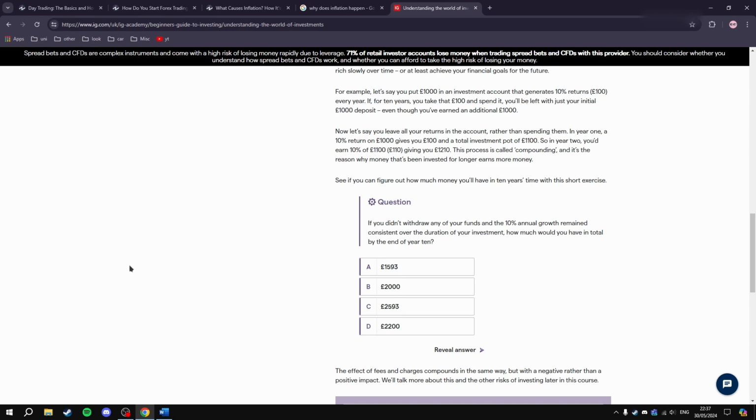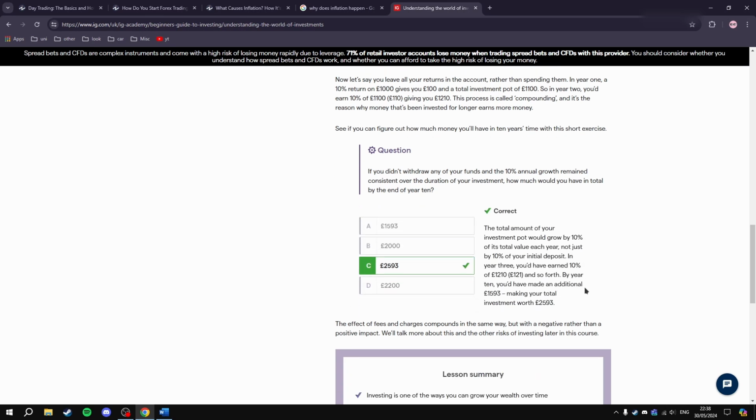No, that's not how you do it. What's the formula for compound interest? 1,000 times 1.1 to the power of 10. So that gives you 2,593.74.